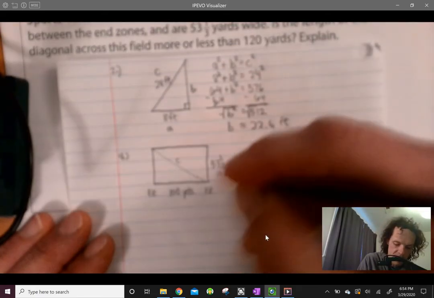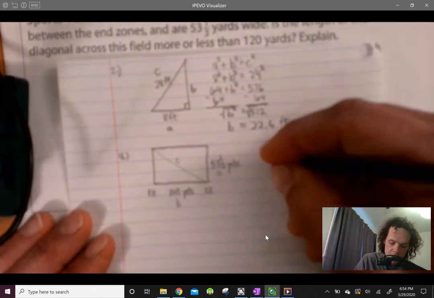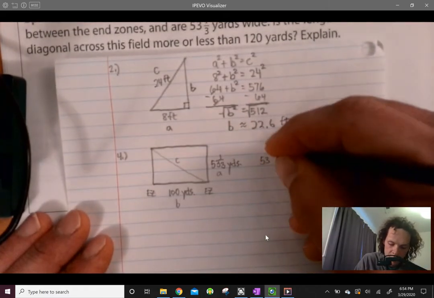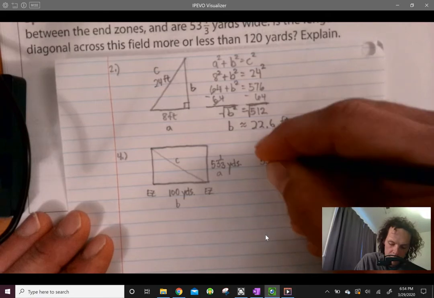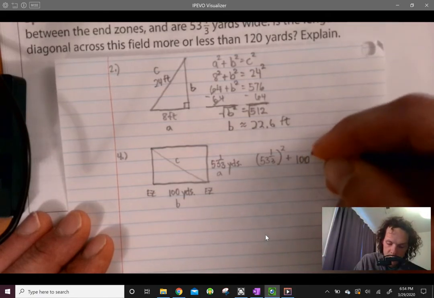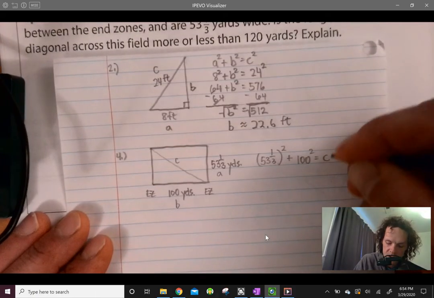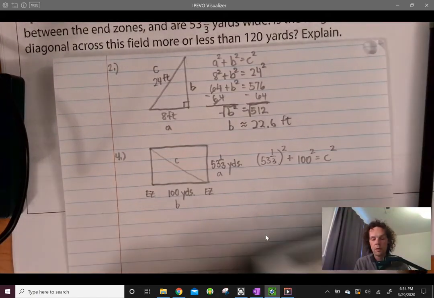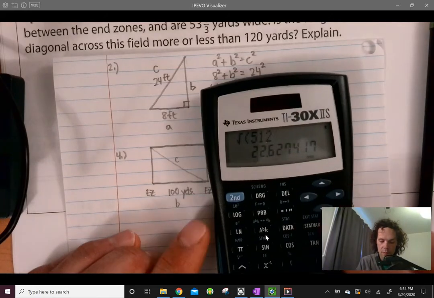Because this is A and this is B. So we're going to do 53 1/3 squared plus 100 squared equals C squared. Let's do this. Clear that out.